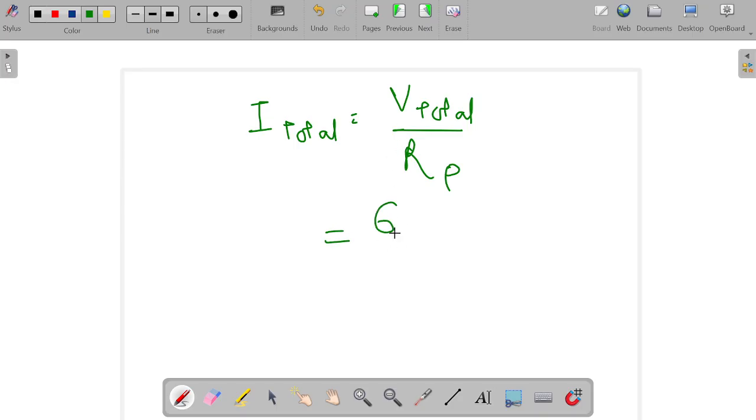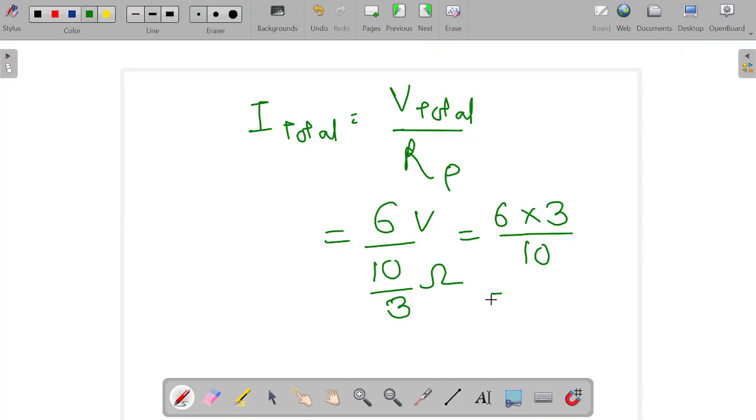So V total was here 6 volts and here the R value is 10 by 3 ohm. The denominator becomes the numerator, so it becomes 6 into 3 by 10, which is equal to 18 by 10, which is nothing but 1.8 ampere, and this is the largest current flowing through the parallel circuit. In case B, the strength of the current will be 1.8 ampere. This is your answer.